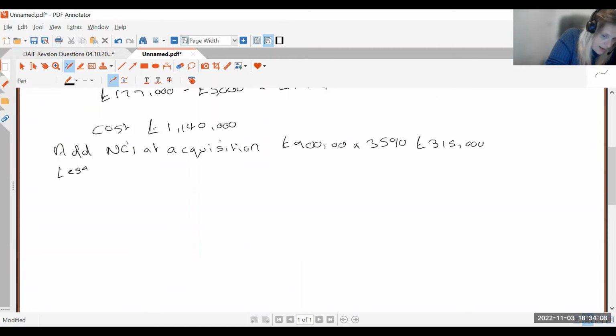Now we take away net assets at acquisition.